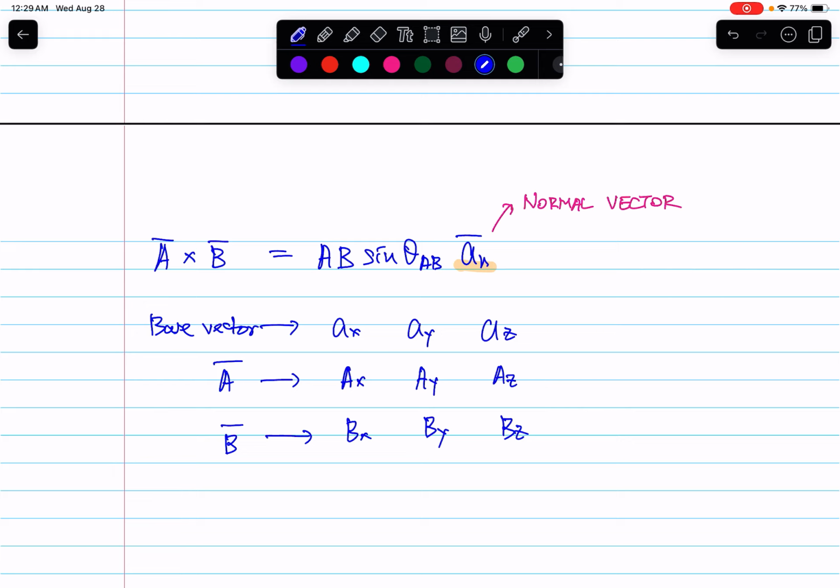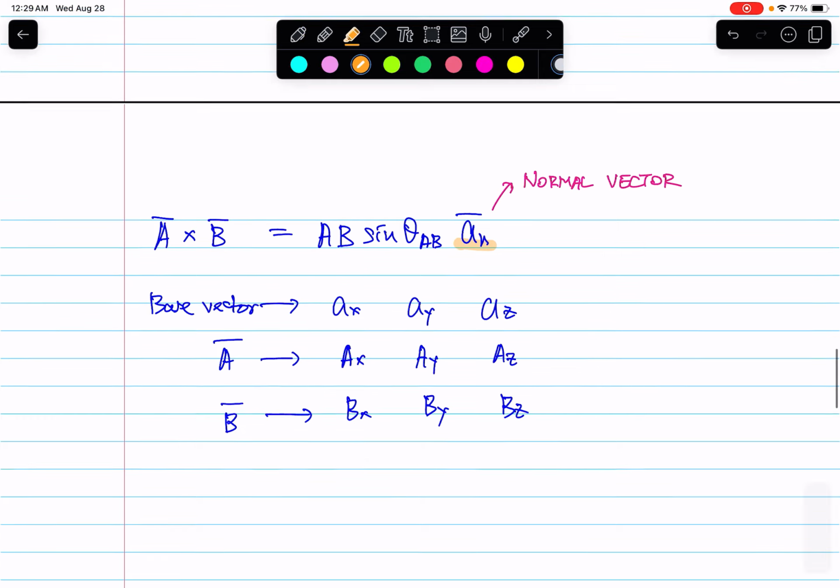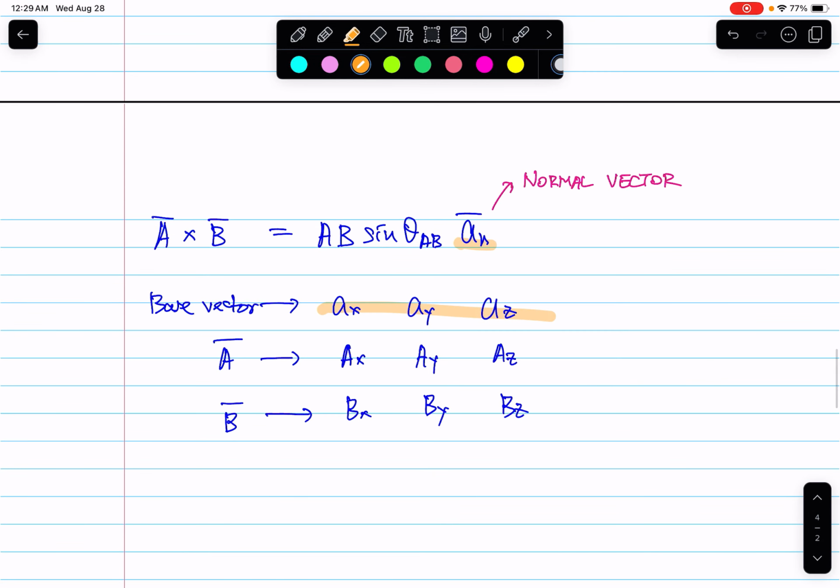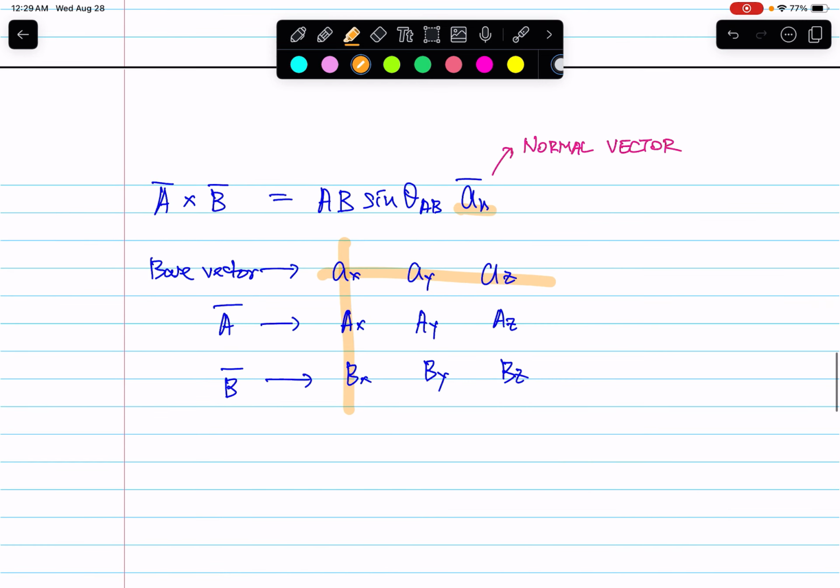And then what you do is, first of all, you wipe out the first row and the first column. Okay, and then you multiply AY, and you do a cross like this.